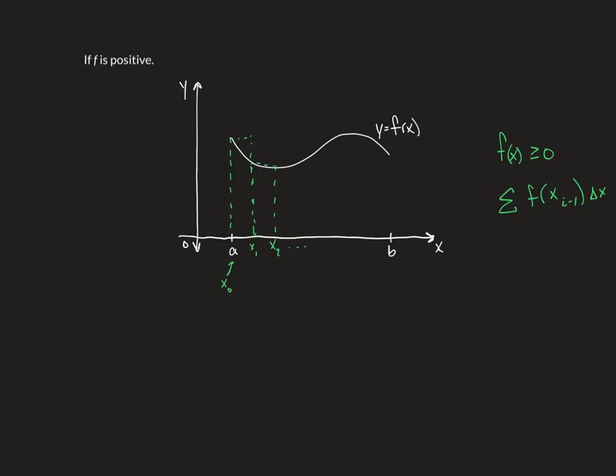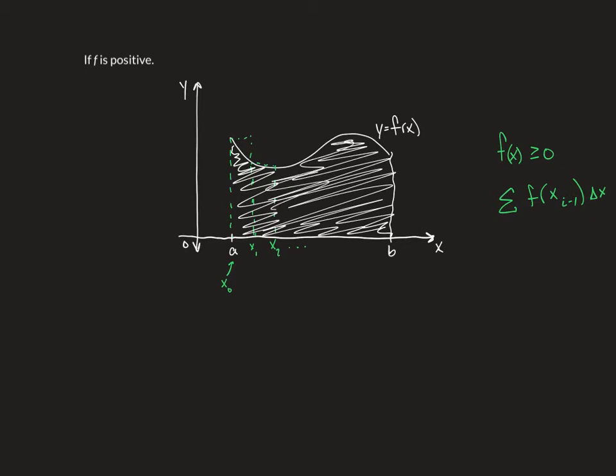But once we take the limit of these rectangles' sums as the number of rectangles approaches infinity, we get a much more clear picture of what's going on under this curve, and it would go up to b. And that space there is what will be covered in the integral when f of x is positive.